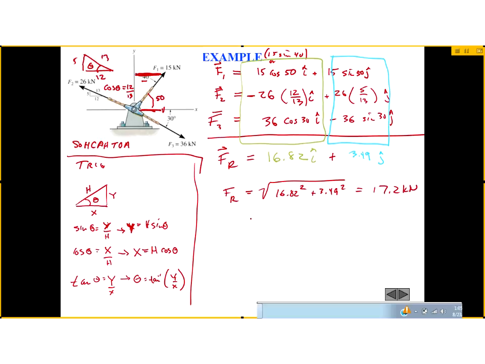And the angle is going to be the arctangent of 3.49 over 16.82, which is going to give you 11.7 degrees. And so you could sketch this out. You're going to have a magnitude of 17.2 and an angle of 11.7 degrees. That is your resultant.